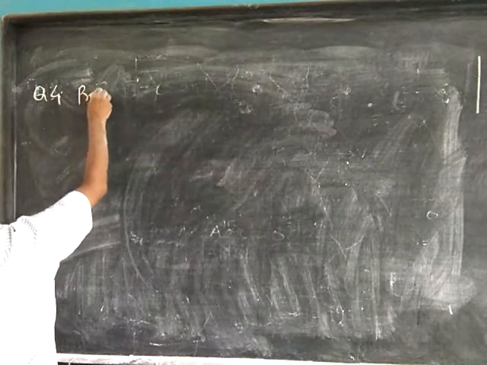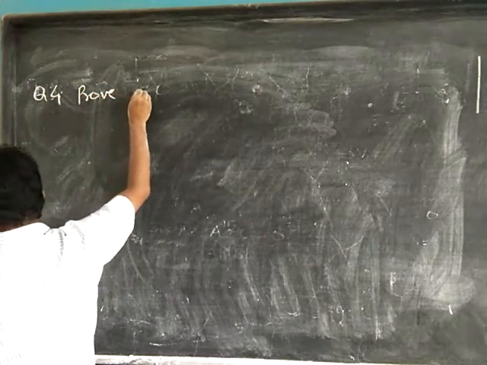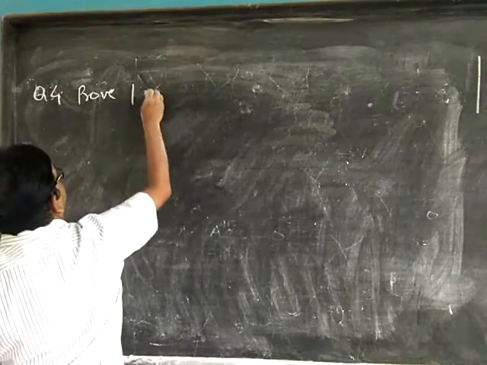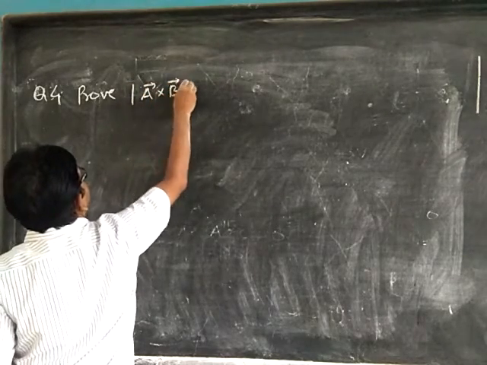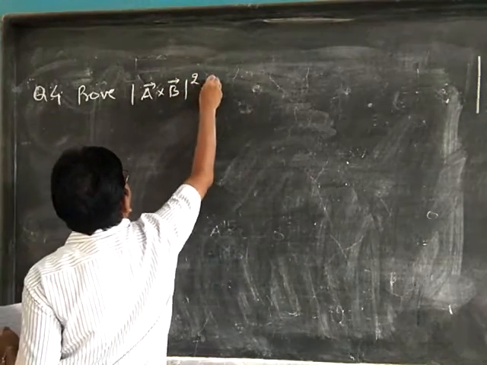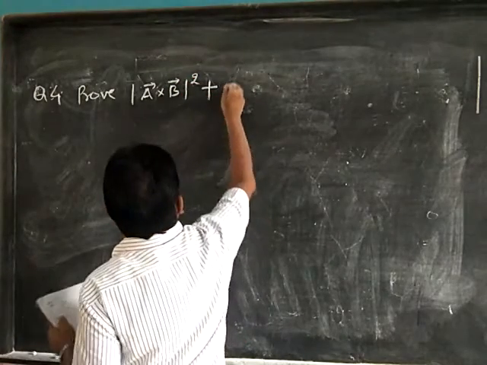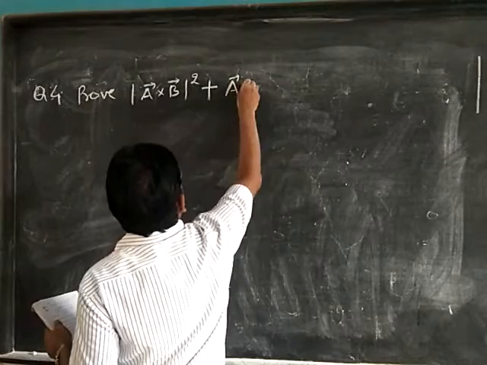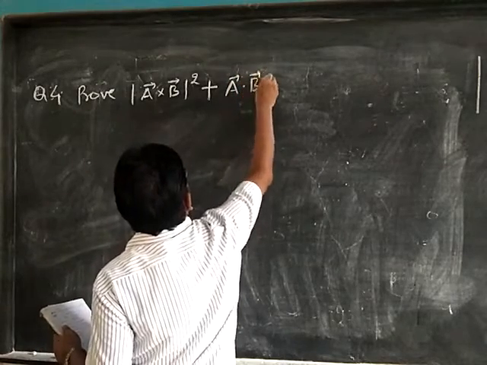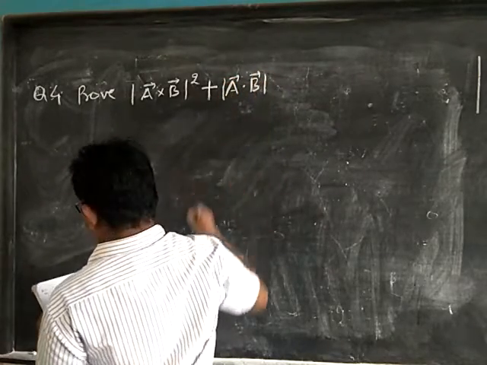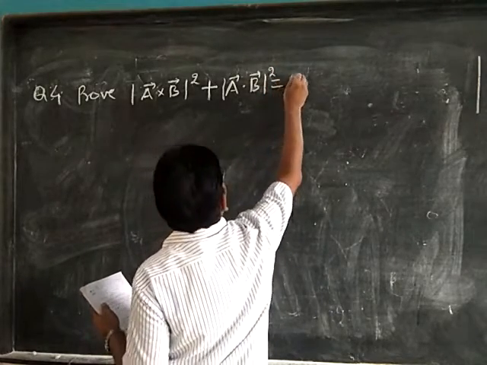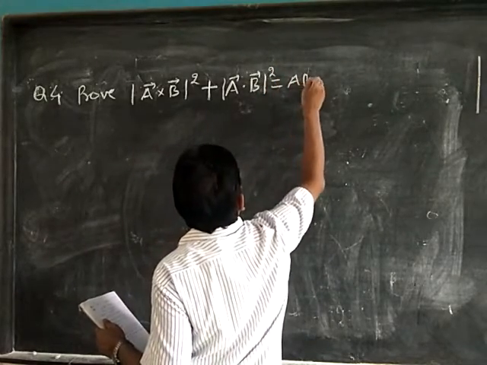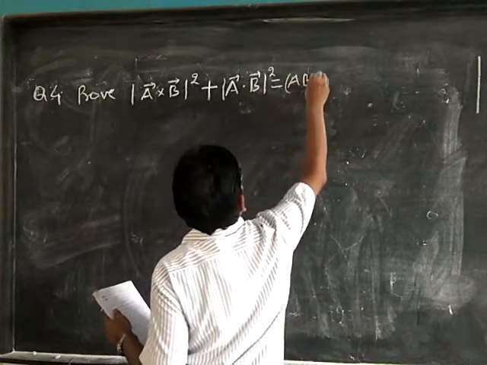Prove mod vector A cross vector B squared plus vector A dot vector B squared is equal to AB whole squared.